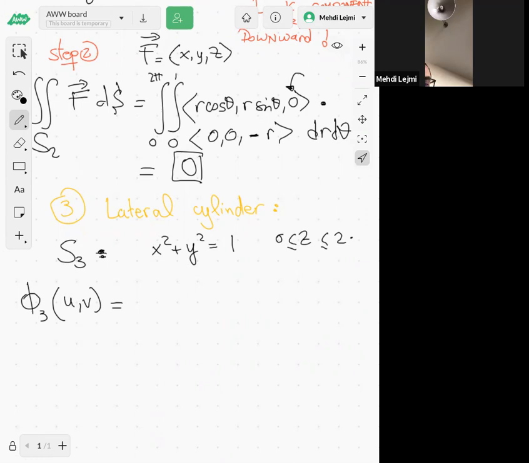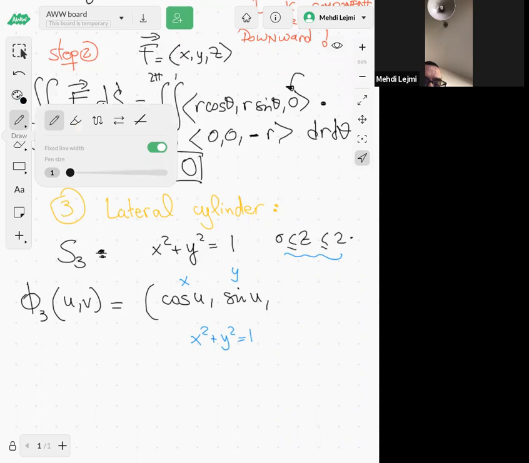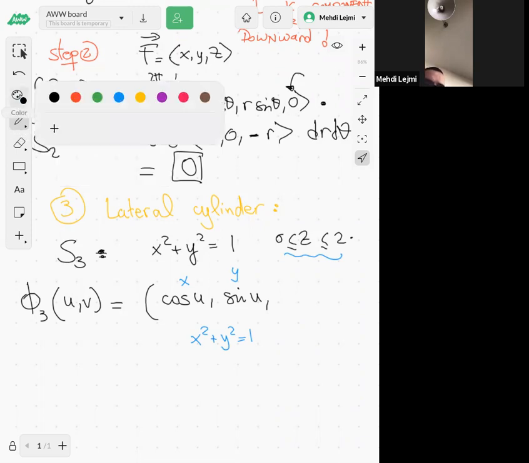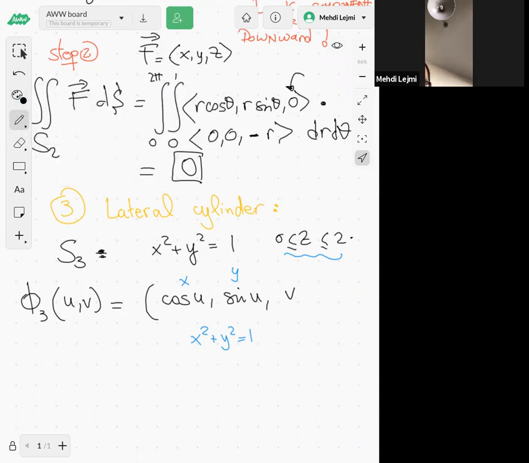We can say x is cosine of u and y is sine of u, because if you do x squared plus y squared, that will be exactly equal to 1. Now, what's z? Z is some independent variable between 0 and 2. So let's say z is equal to v, with v between 0 and 2.